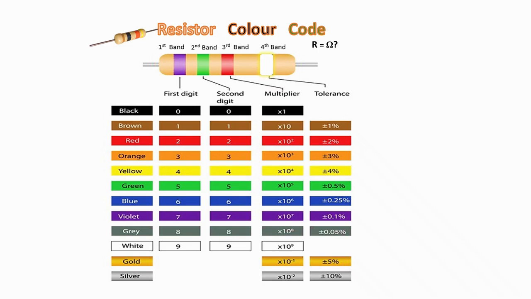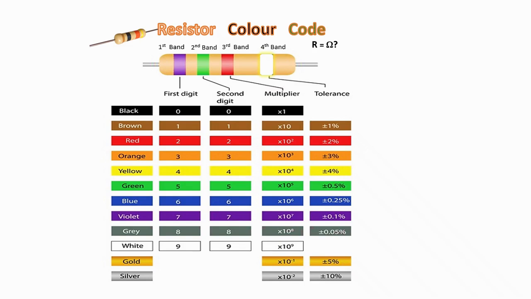With this technique you can easily remember. Once again, repeat: B B ROY of Great Britain had a very good wife who wore gold and silver necklace. Please keep it in mind and remember it. By this technique you can easily calculate the value of resistance from the color code combination.